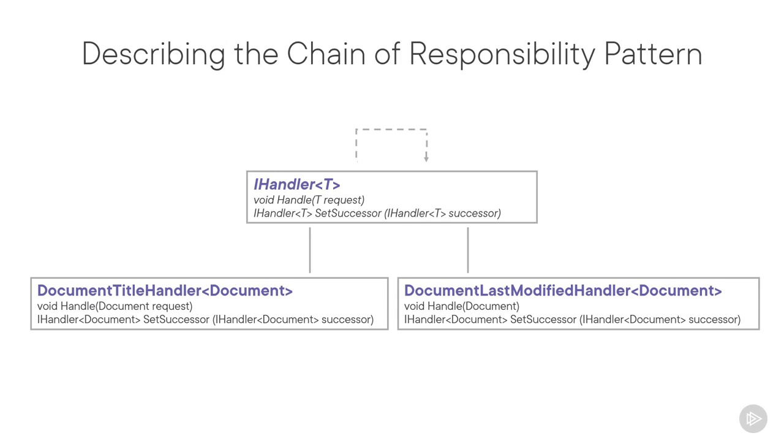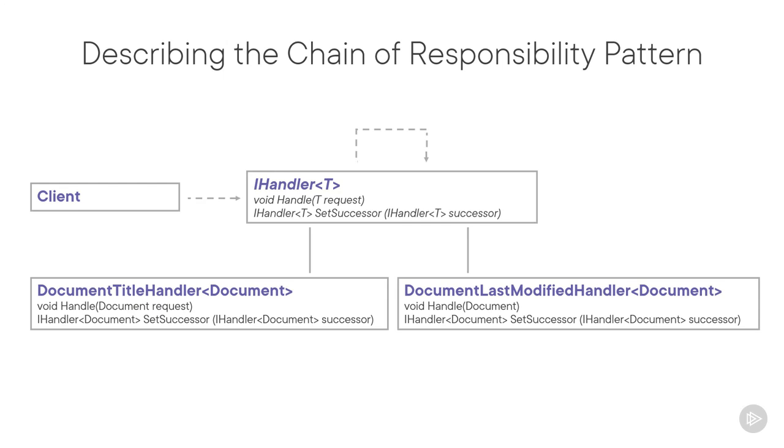What these handlers do is get the document passed into their handle method and can then execute their part of the document validation. If the validation doesn't check out, we don't continue. But if it does, we can continue to the successor. Like that, the document flows through the chain. And of course, we have a client that initiates the request. The client chains the handlers and provides it with a document to validate.